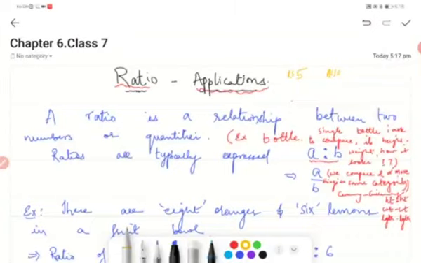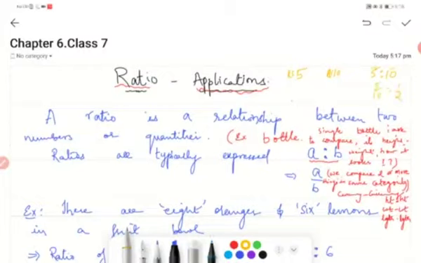So the ratio, if you write it like this, is 5 is to 10, which is nothing but 5 by 10. This represents the ratio of the money I have to the money you have, which gives you half. So I have half the money compared to you.